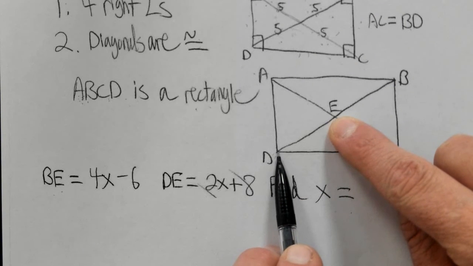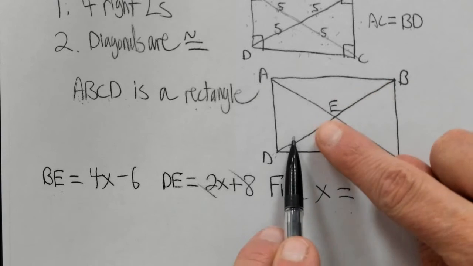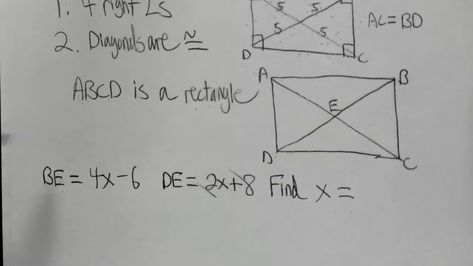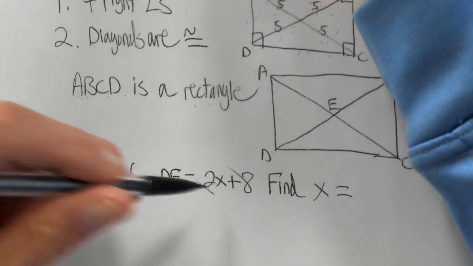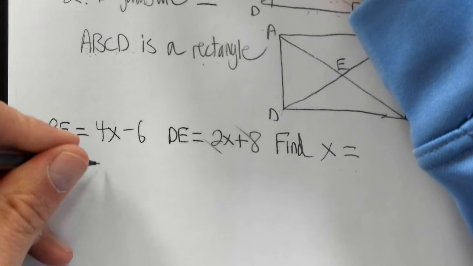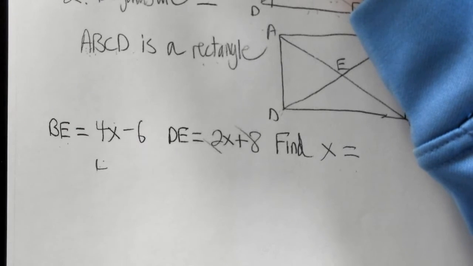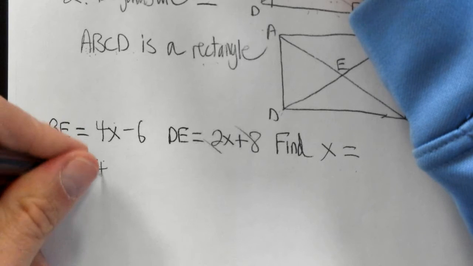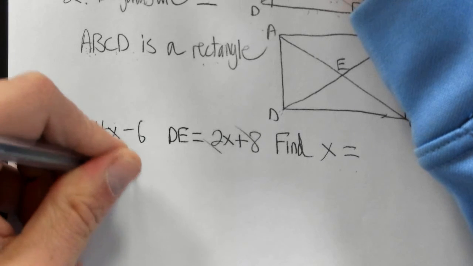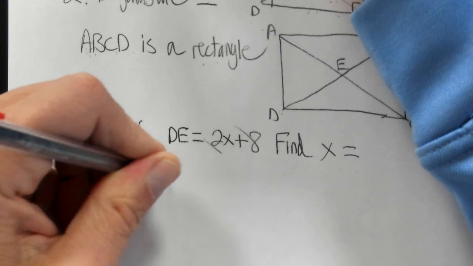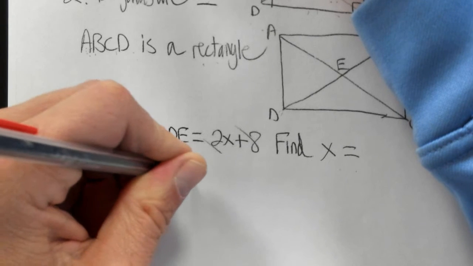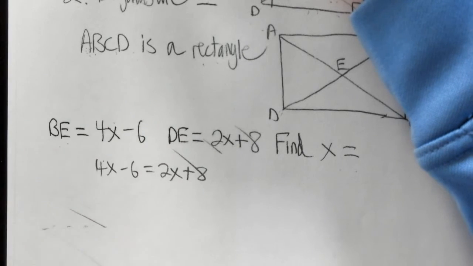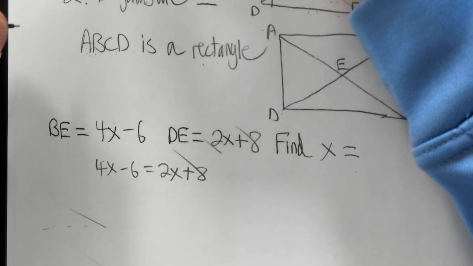And remember, the diagonals bisect each other, so they have to be the same. So what am I going to do for an equation? I'm going to set these two equal to one another, and I'm going to get 4x minus 6 equals 2x plus 8. All right? And then we'll go ahead and solve it for x.